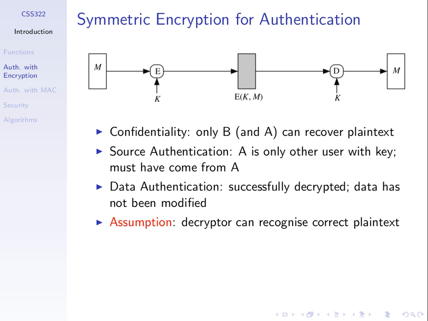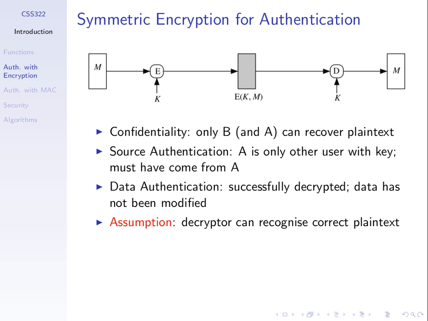Here's some examples. This is using symmetric key encryption to perform authentication. We take our message, encrypt using a symmetric key algorithm such as triple DES, AES, using a shared secret key K, send the ciphertext across the network.